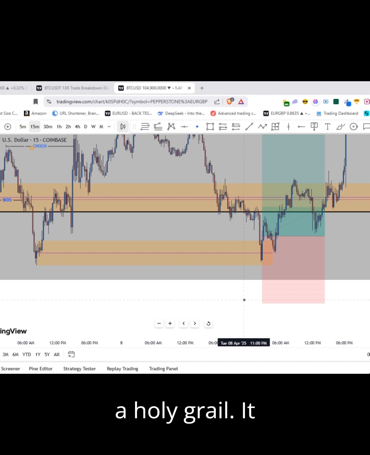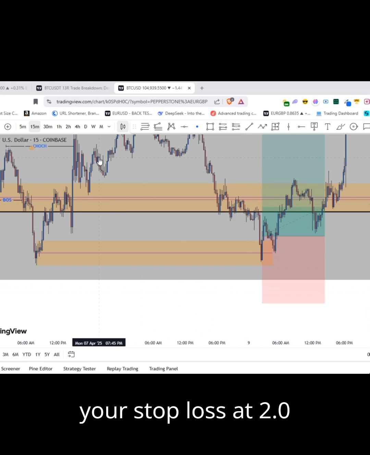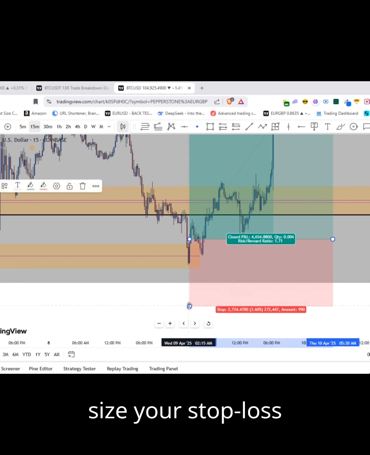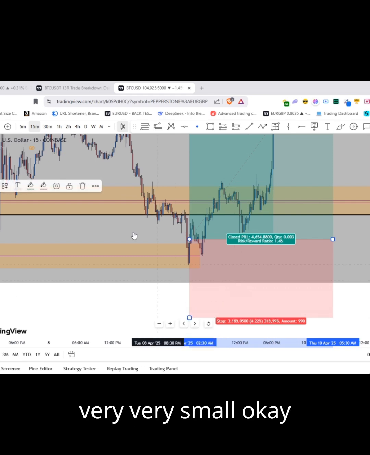It is not a holy grail. It doesn't mean we don't hit SL, but whenever we hit TP it is to the moon, and whenever you take a loss, it is very minimal, very small. So now, instead of putting your stop loss at 2.0 of the deep crab, you can size your stop loss very small, okay?